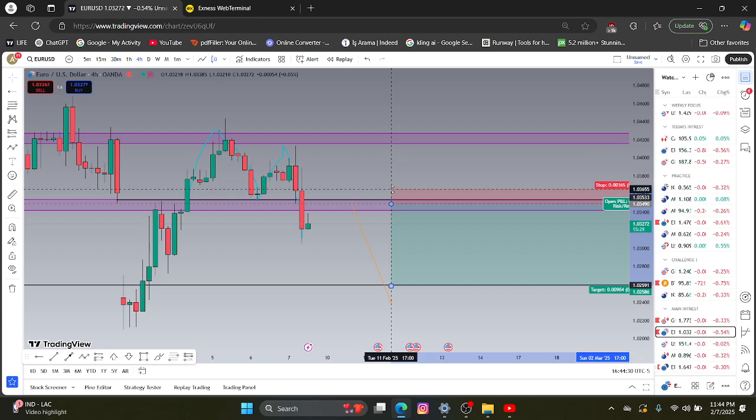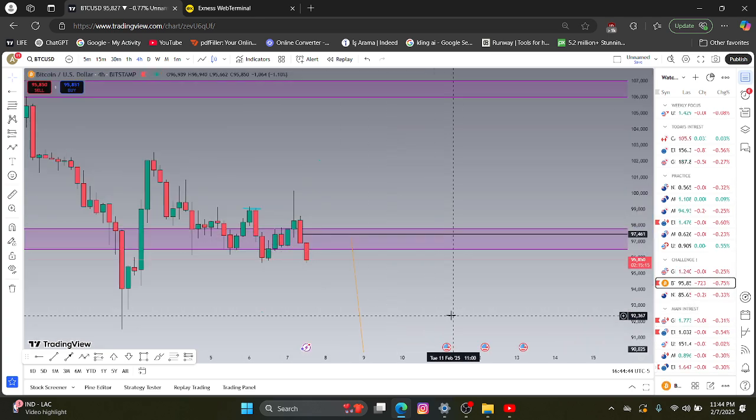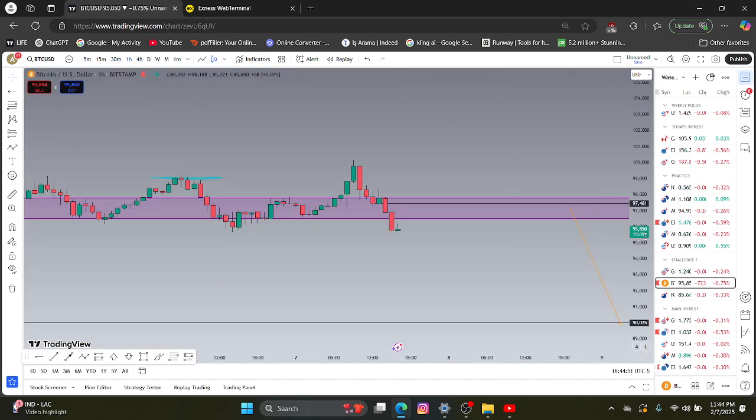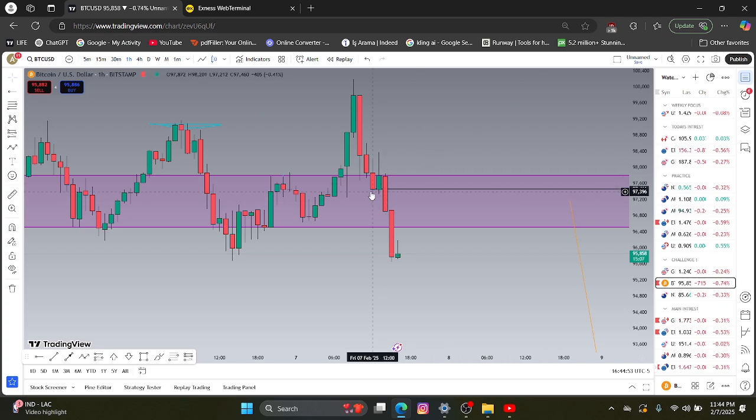If your account is big enough to hold, you might enter before and wait until this drawdown is over and go back into profit. But come on, this is Bitcoin, guys. We're not doing that. So for us, our interest is only if the market touches this one here.